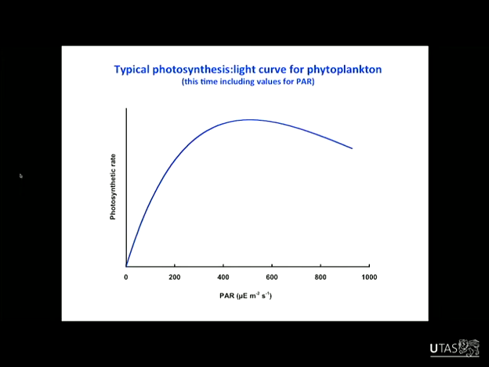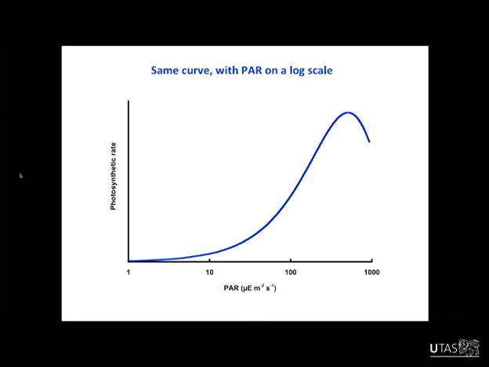But this is a linear scale here, and we know that light decreases exponentially in the water column in the global ocean. So what happens if we plot this on a log scale? And that's what that plot looks like now. So this would be from the surface with exponential decrease of light through the water column, and we see the shape of this curve as a function of light now on a log scale.